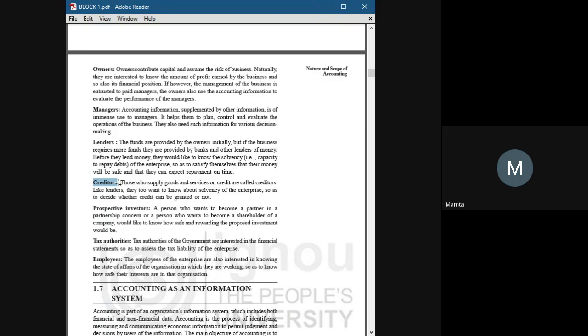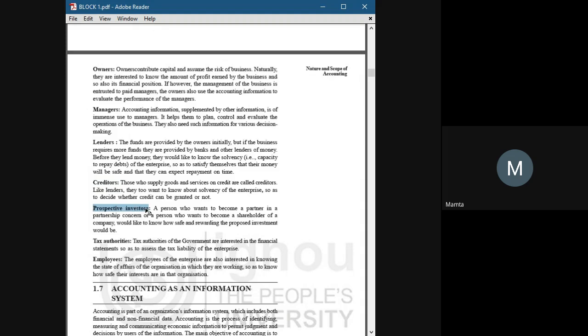Those persons who give us the raw material on credit are known as creditors. But when we have to pay, we have to repay them. So they want to know about our financial position so that they can decide whether we can pay back or not. It is important for them also.